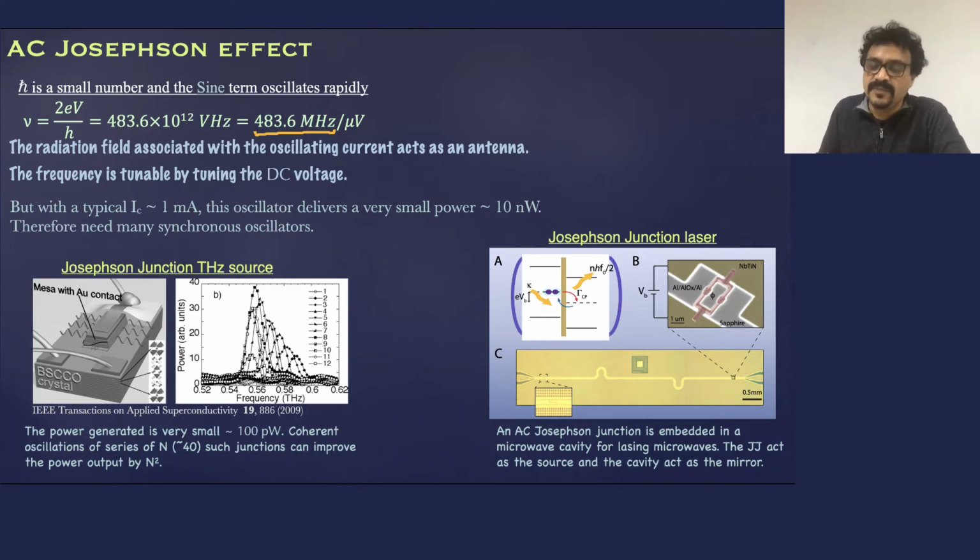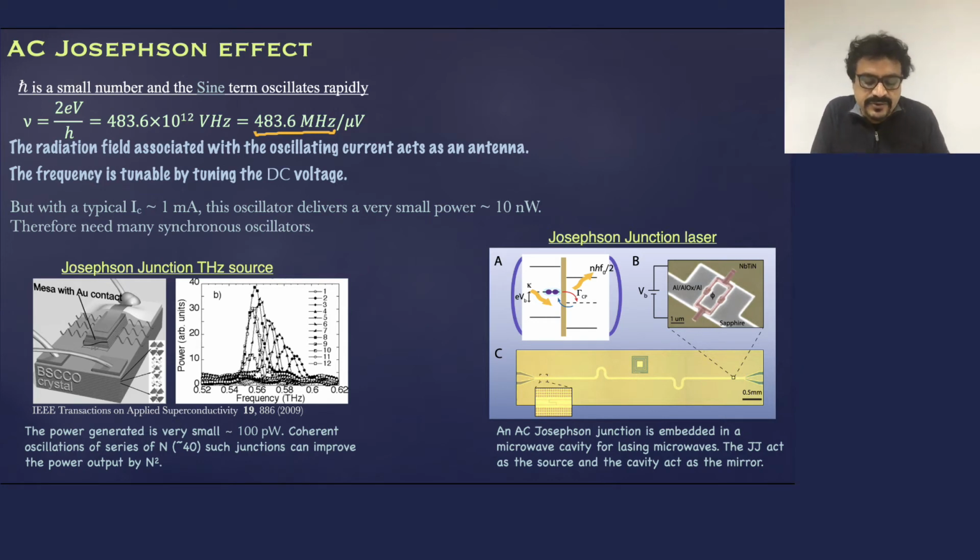Okay, so but there is a small catch here. The catch is the typical current should be of the order of the IC or lower. IC is the critical current. So if you run a current which is above the critical current, there will not be any Josephson effect because there will not be any superconductivity either.